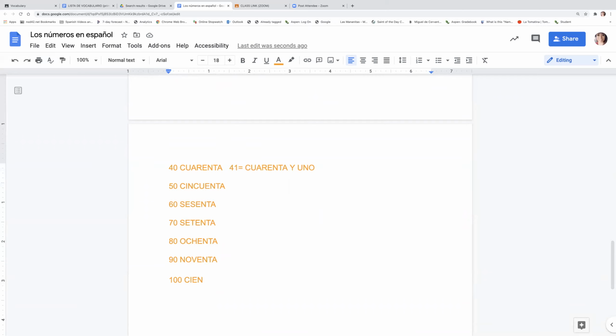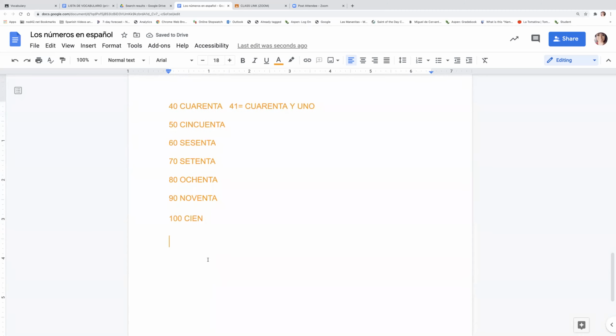The one little thing I did not tell you is that any numbers beyond 100, the cien turns into ciento. So if it's 100 plus, why is that bigger? Whatever. Still bigger. Okay. So any numbers beyond 100 are called ciento.